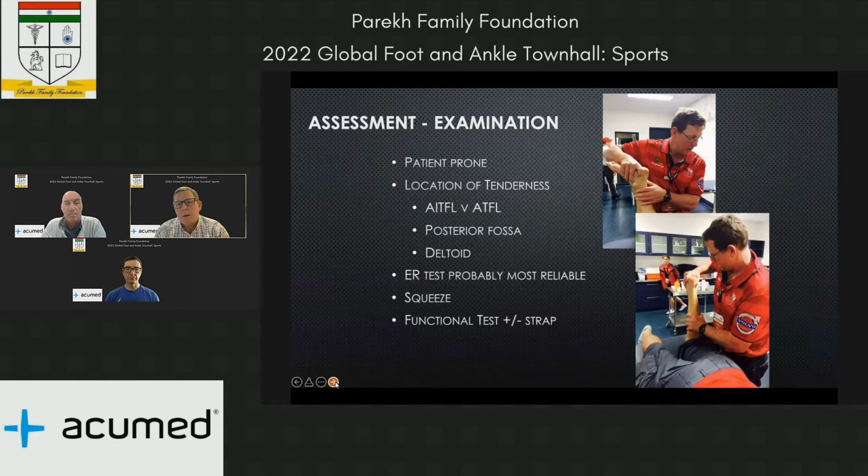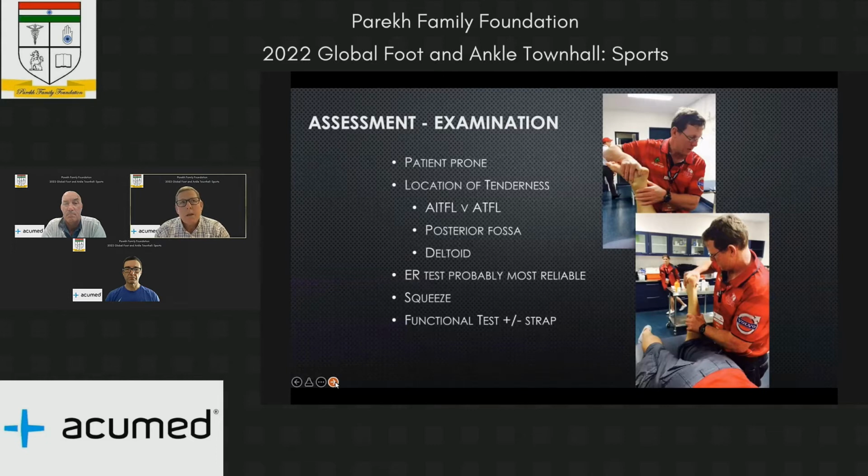Posteriorly, it's important, and if I'm worried that they have a syndesmotic injury, I'll place them prone, which just means I can get my thumb into the back of their ankle a little bit more aggressively. As Jared suggested, the deltoid is really quite important if you're trying to work out which are the low or high grade injuries.